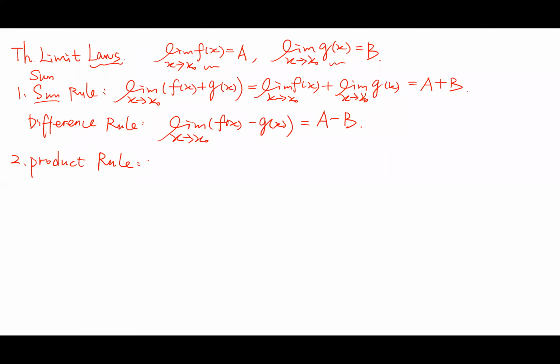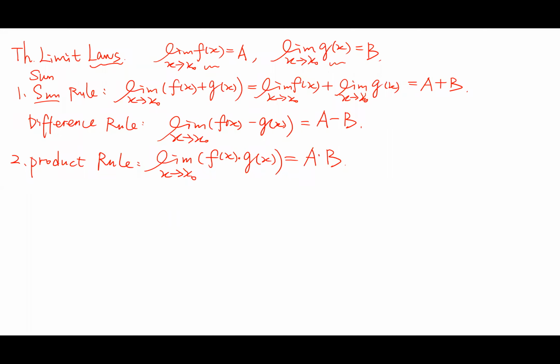If we want to get f of x times g of x as x approaches x0, that equals a times b.